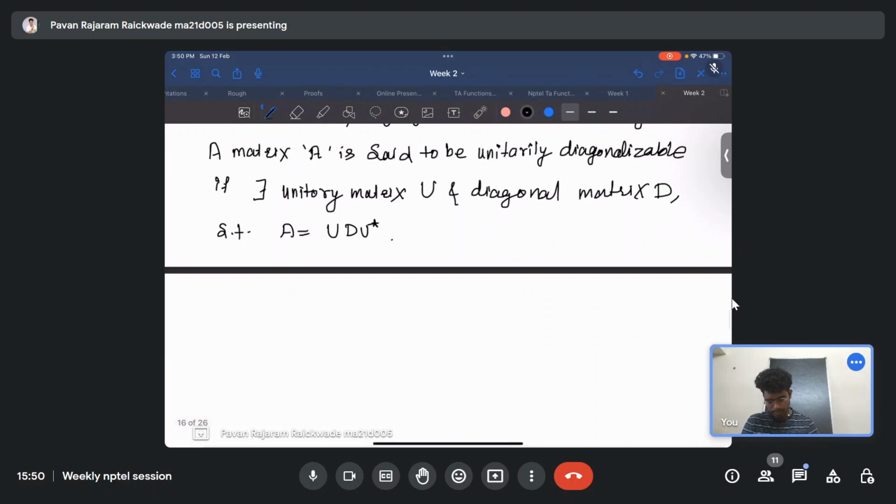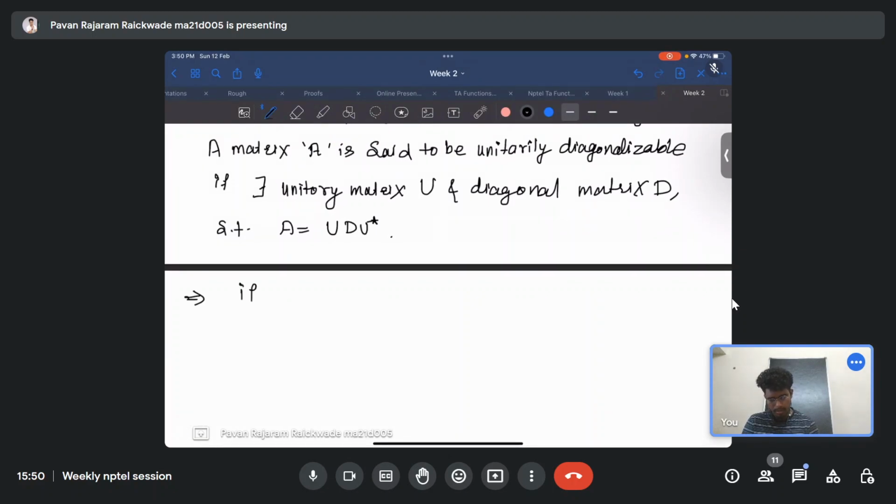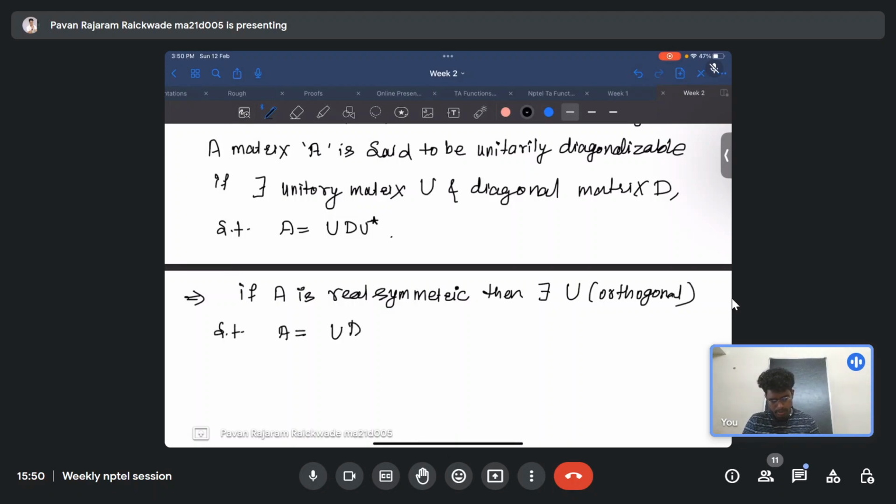That means if A is real symmetric, then there exists an orthogonal U such that A equals U transpose D U, where D is diagonal.